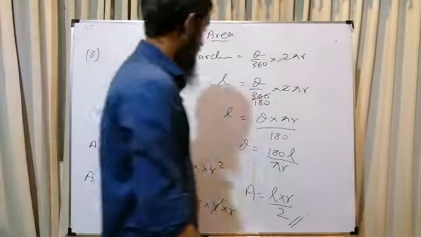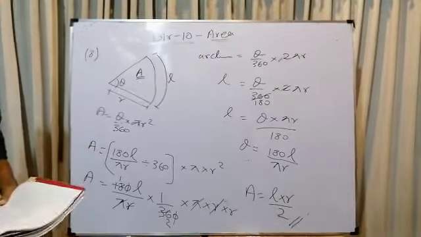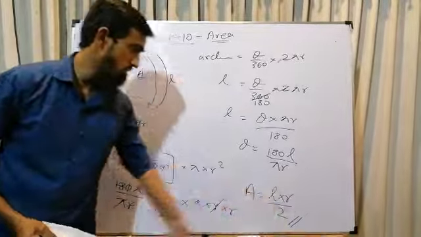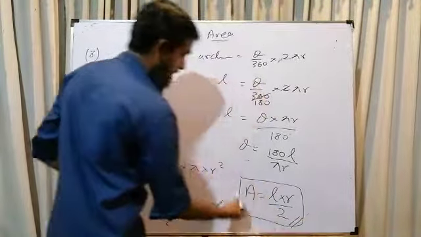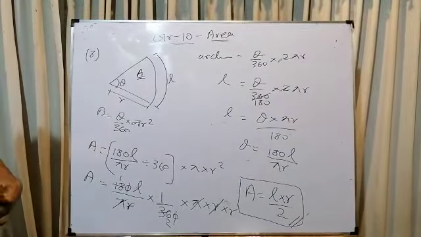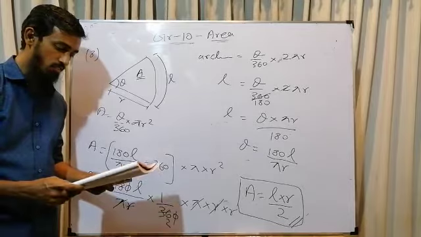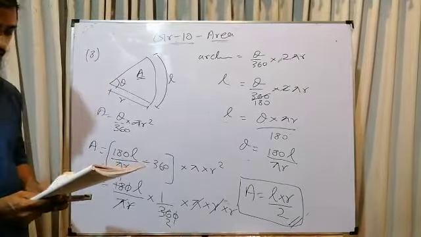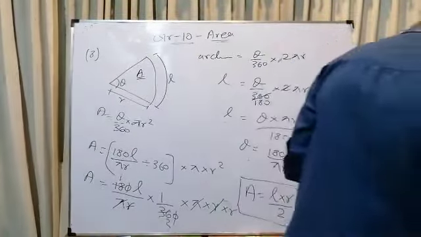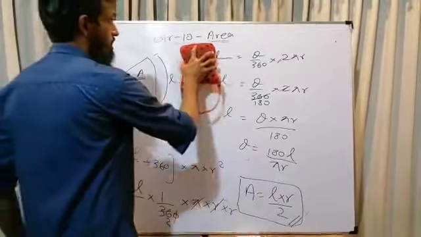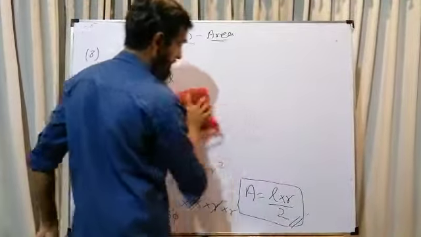Okay. Ninth question. Using the result in question 8. So this is the result, remember this result: area is equal to arc length into r over 2. Find the arc length of the sector with radius 14 centimeter and area 70 centimeter square. So in this equation we have area, arc length and radius.